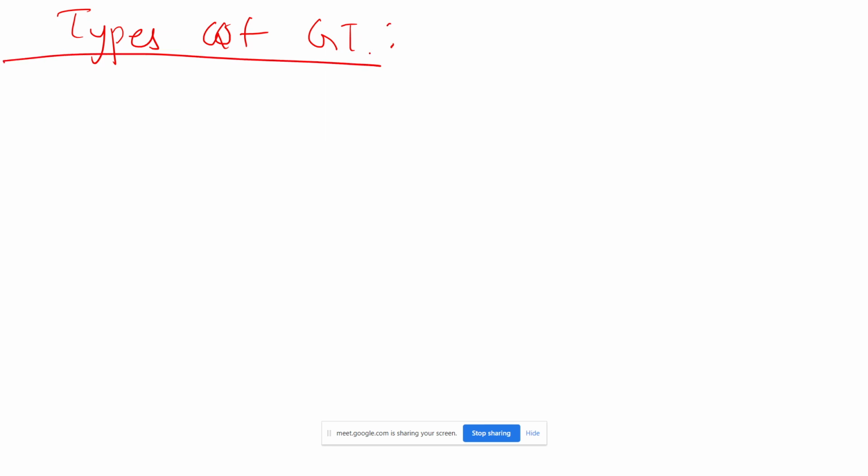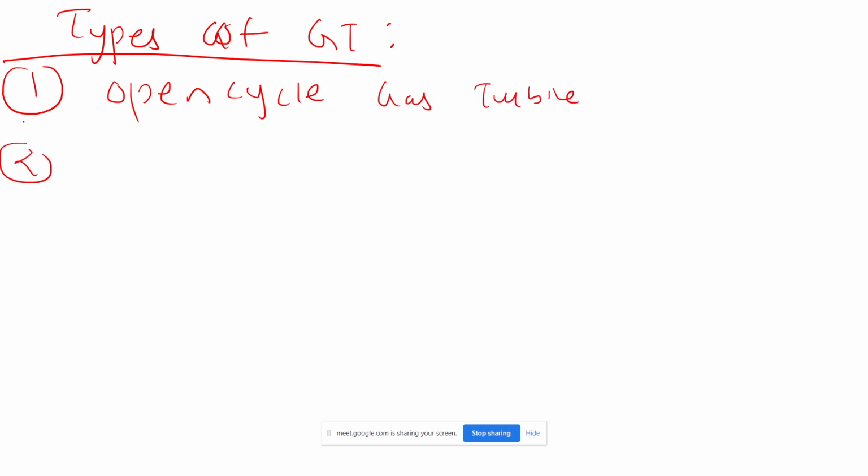First one is the open cycle gas turbine, and second one is the closed cycle gas turbine. The main difference between the open cycle and closed cycle gas turbine is that in case of open cycle gas turbine, every time we use a fresh charge.